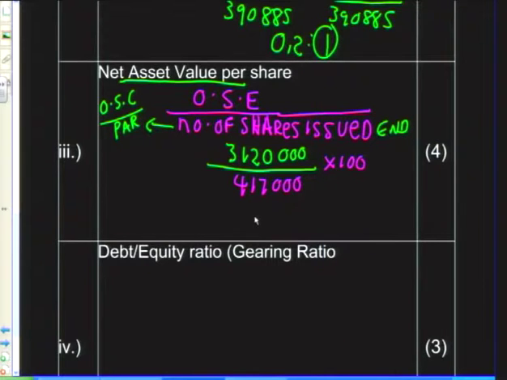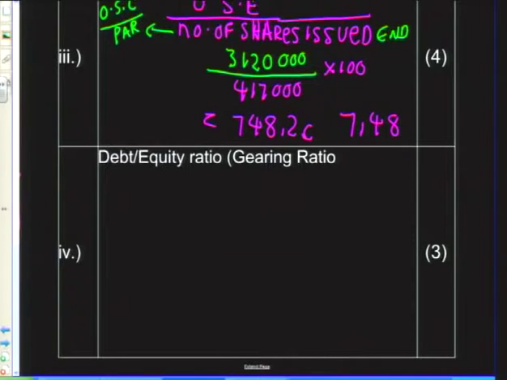So let's write that down: 748.2 cents, or if you wanted to show your answer in rands, 7.48 rand.